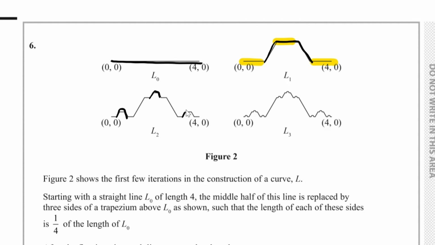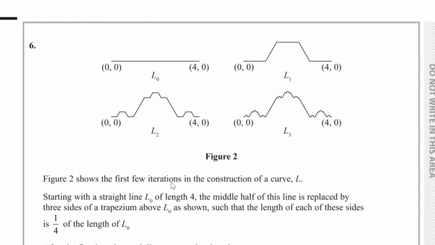So those original lines are replaced by trapeziums as we see here. And then these lines, which are still parallel to L0, we build into those trapeziums as we see here.